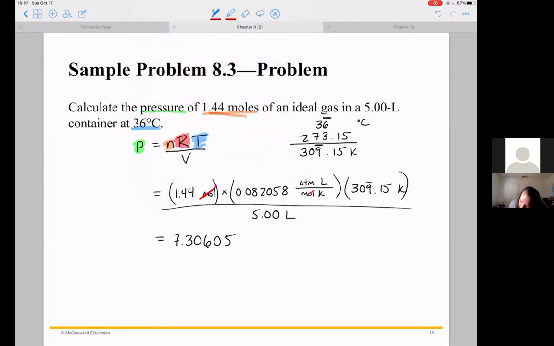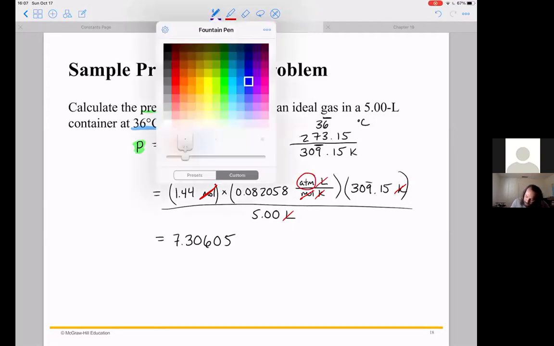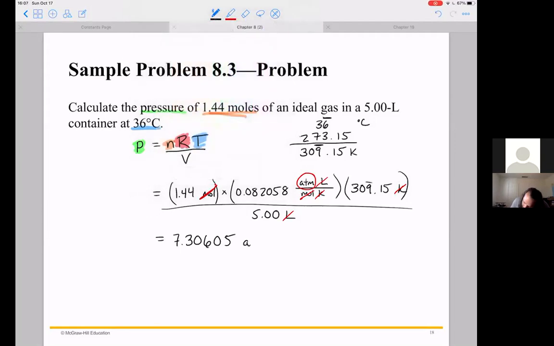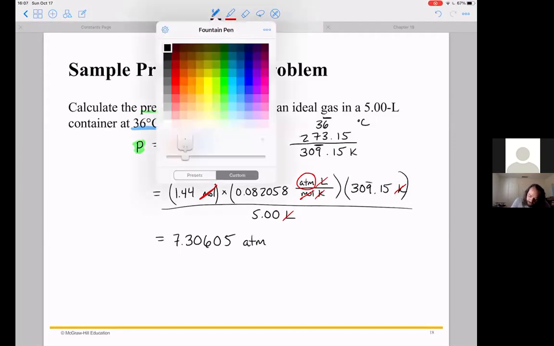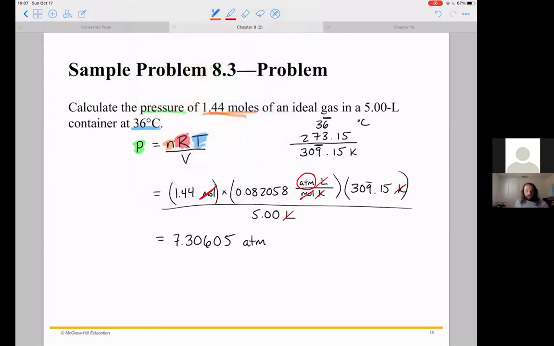All right, then we're going to do units. Again, moles will cancel with the units of R, Kelvin cancel with the units of R, and now liters do. So we see that we're left with a pressure in units of atm. If we go back and do sig figs, now we're going to count sig figs. It's all a multiplication division problem, so that's kind of best case scenario with sig figs.